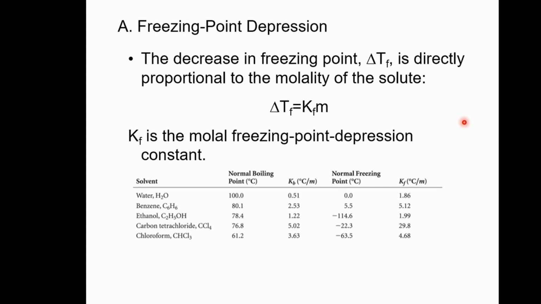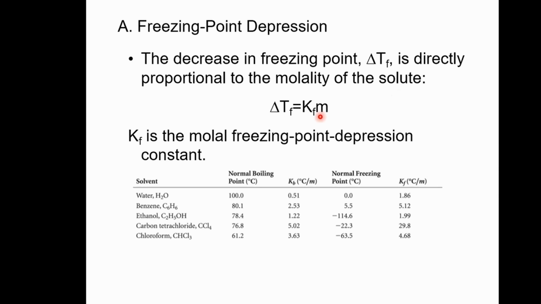So the first colligative property is freezing point depression, and we get a decrease in freezing point we call delta T sub F, and it's directly proportional to the molality of the solute. So we distinguish between molarity and molality by giving molarity an uppercase M and molality a lowercase m.